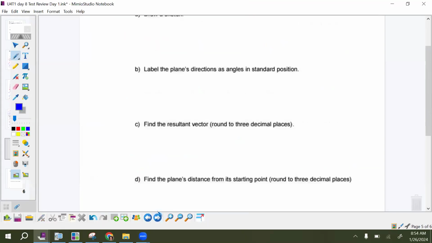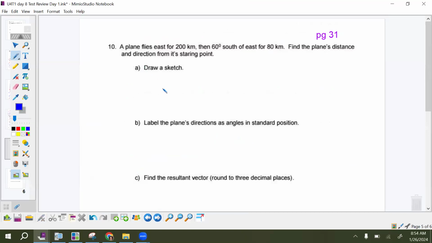All right, another one. More planes. This time it's a plane that changes direction. I'll just call them both planes. All right.